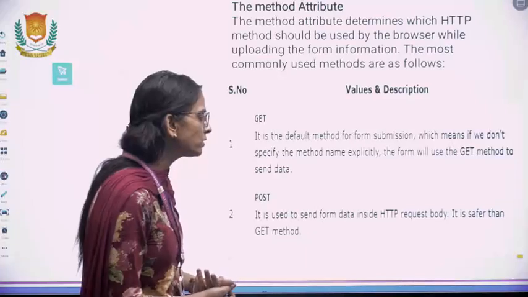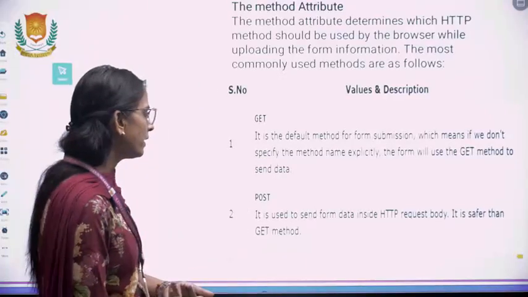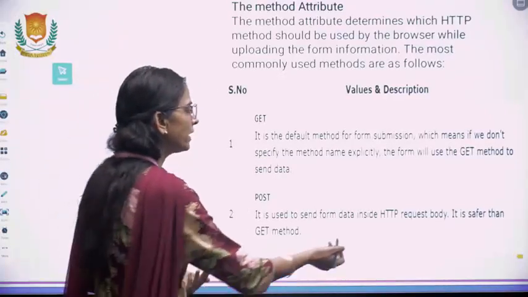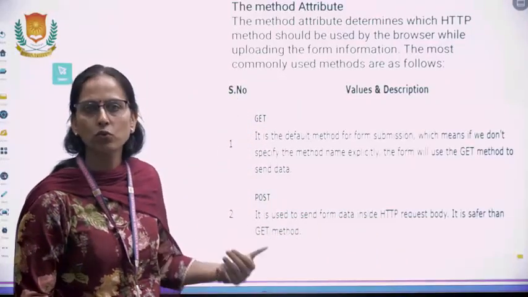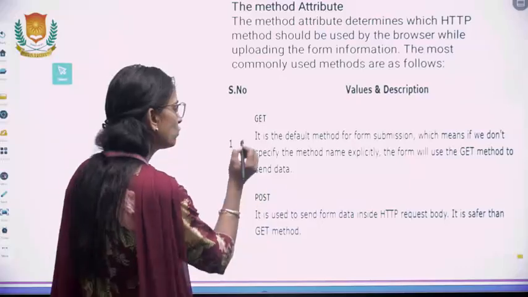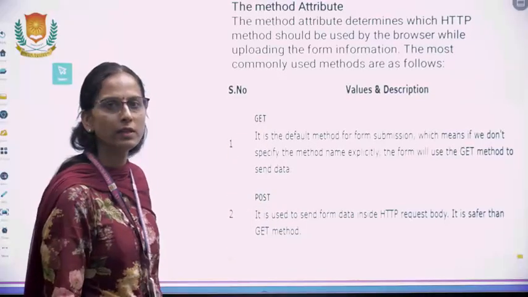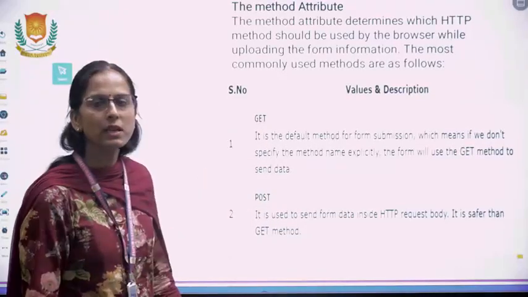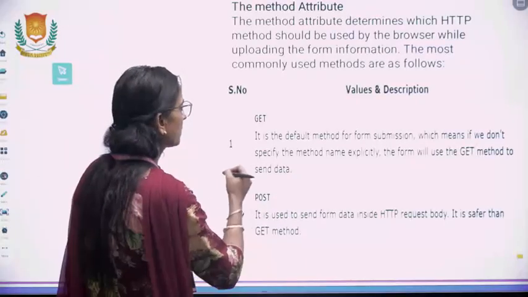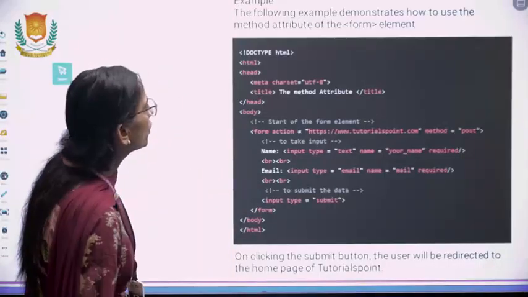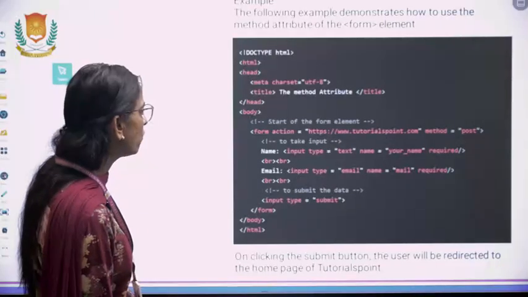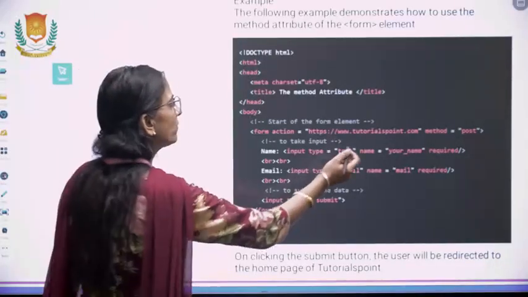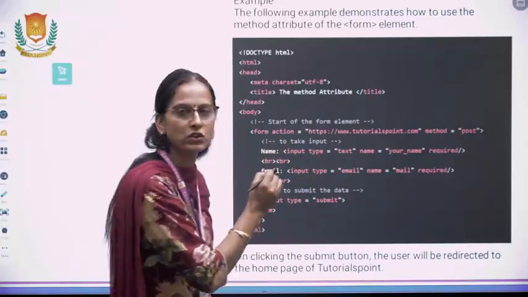Then we have the post attribute. The post attribute can be used for the HTTP request body. It can be used on request only. So by default, the attribute in the method will be taken as get. Then we have the following example demonstrating how to use the method attribute for the form. You have to specify it with the action.